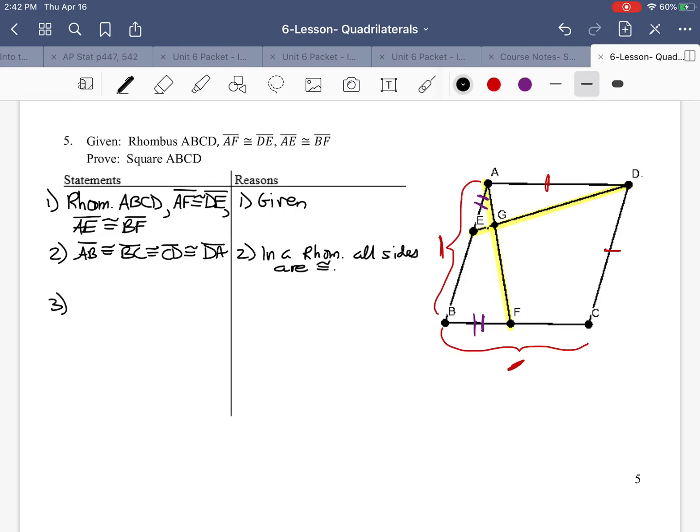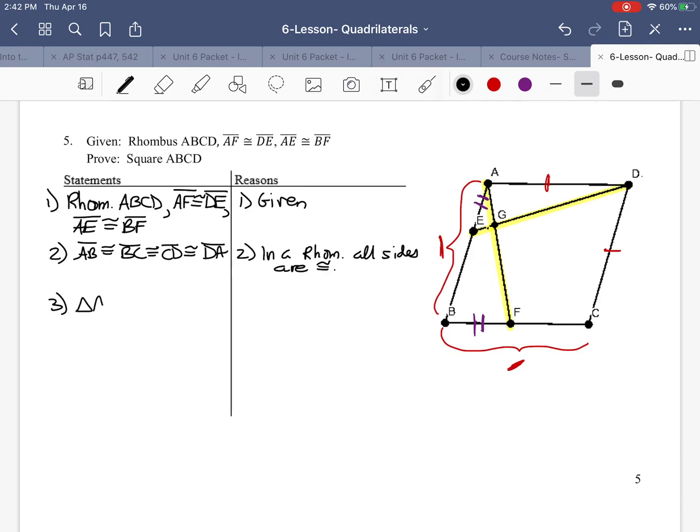So the highlighted, those are 2 congruent sides. I got a couple of red single tick marks as, I mean, we'll call them hypotenuses, even though they're not necessarily right triangles, but they're the longer side. And then the 2 purple tick marks corresponding with AE and BF.